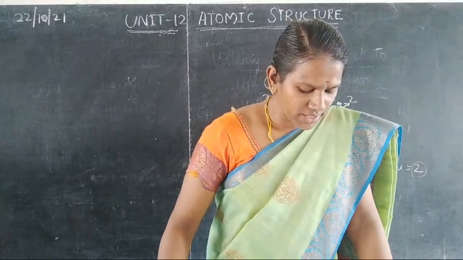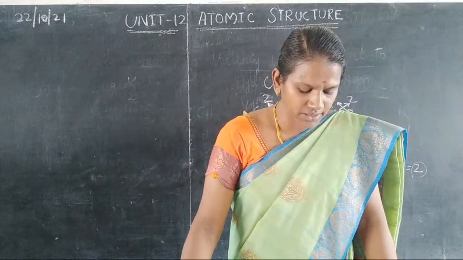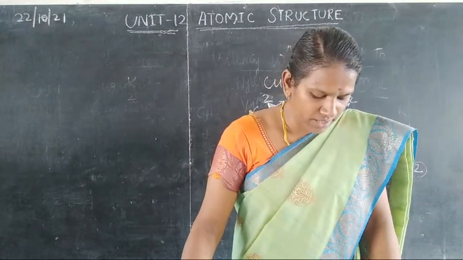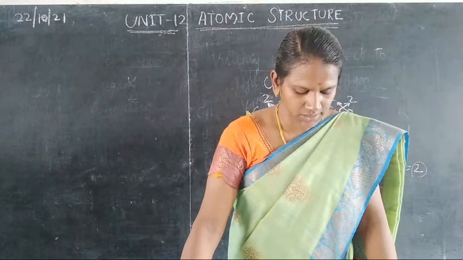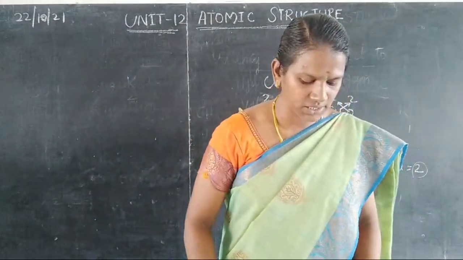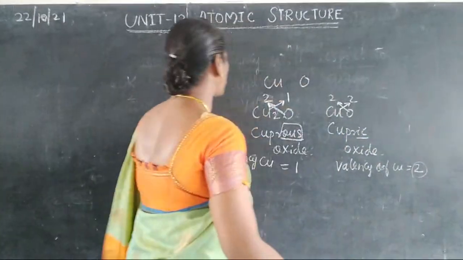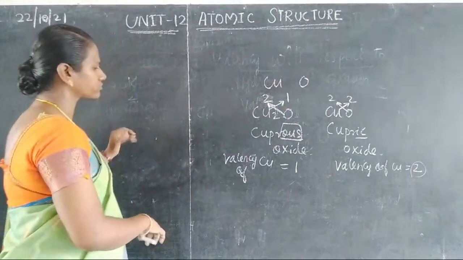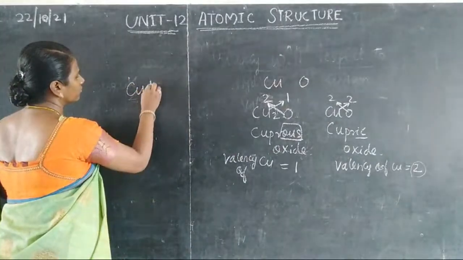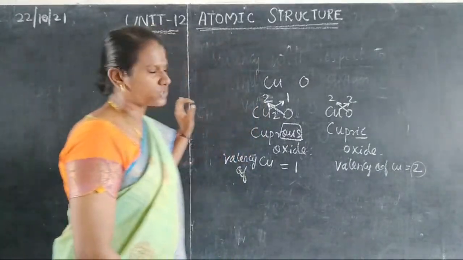Sometimes the Roman numerals such as 1, 2, 3, 4 indicated in parentheses followed by the name of the metal can also be used. So that is given in the table. The metals with variable valency, the first example is copper. The copper forms Cu plus, so here it forms a cation.